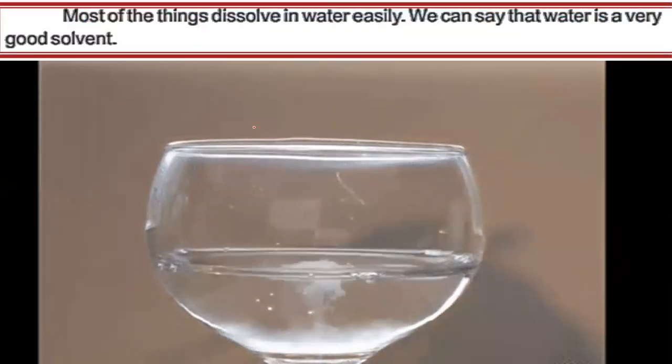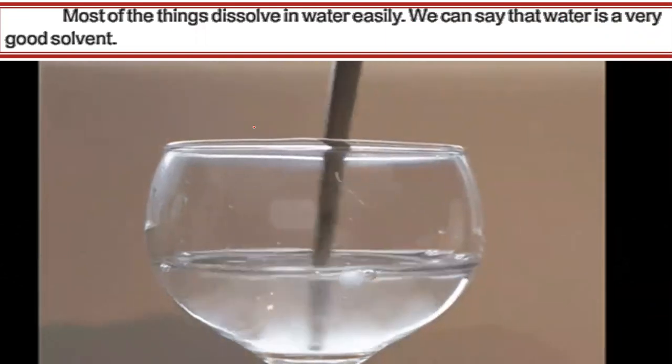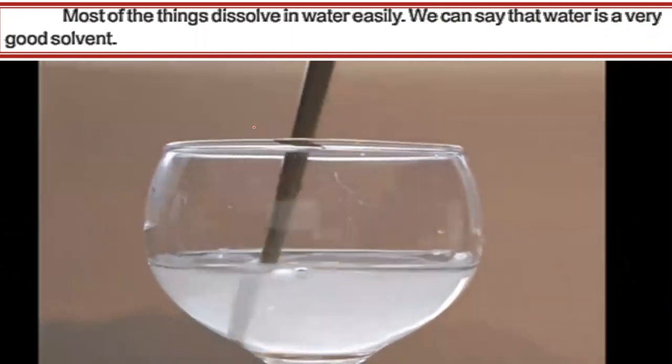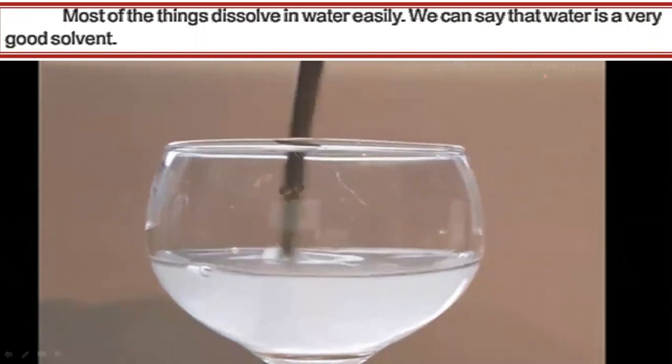So water is a universal solvent. How can you prove this? How can you justify that statement? You can see here that most things dissolve in water very easily. That's why it is called a very good solvent.